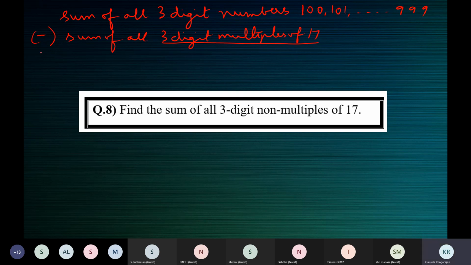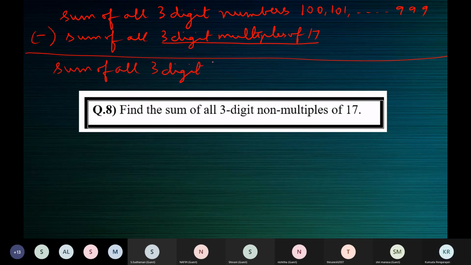When you subtract these two sums, you will get the sum of all 3-digit non-multiples of 17.